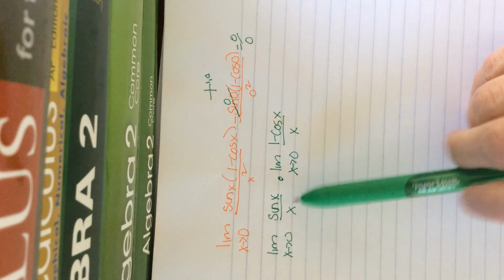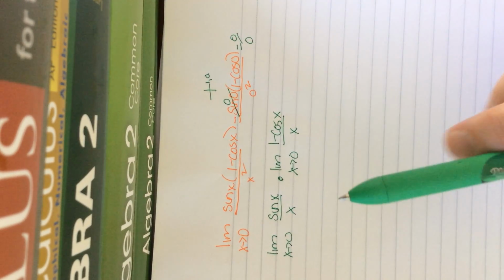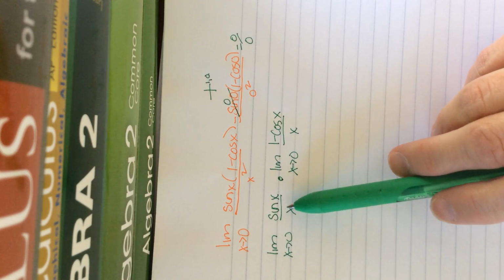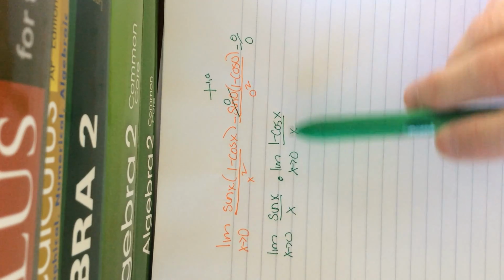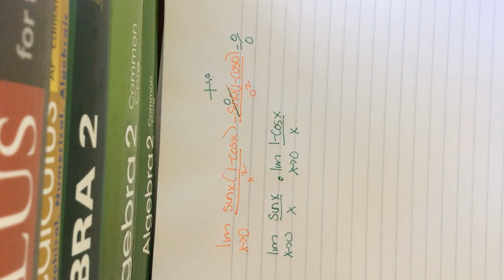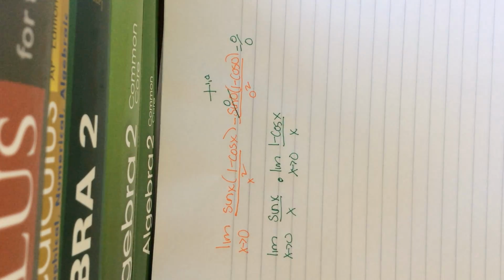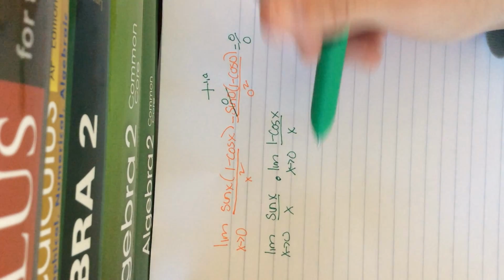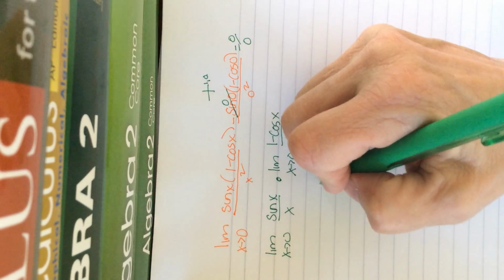So if you look at this, if I were to multiply sine of x over x by 1 minus cosine of x over x, I would get this back again. And this is perfectly legal. All right, so I'm going to use L'Hopital's rule on each piece.